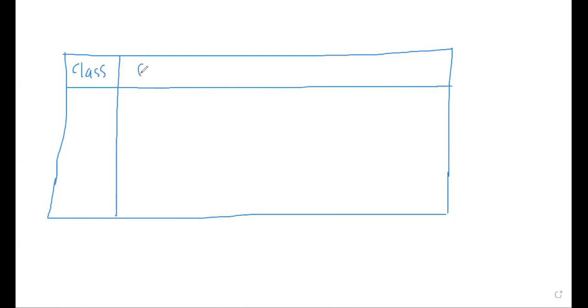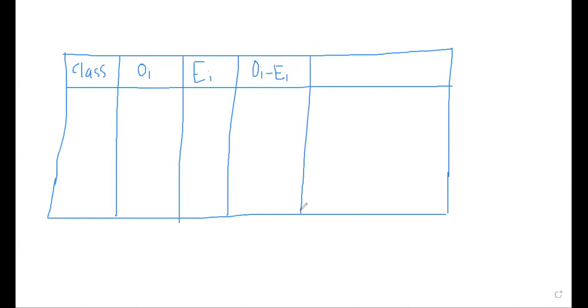In the table, the first column is class, then the observed frequency OI, then the expected frequency EI, then the next column OI minus EI, then OI minus EI the whole square, and then OI minus EI the whole square divided by EI.